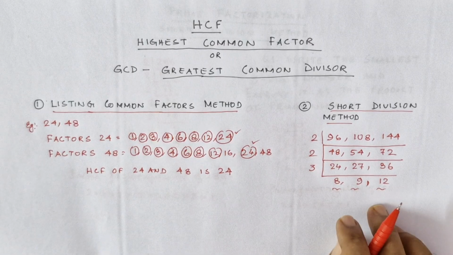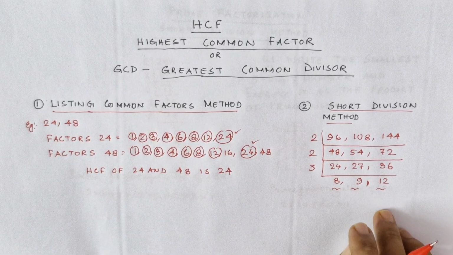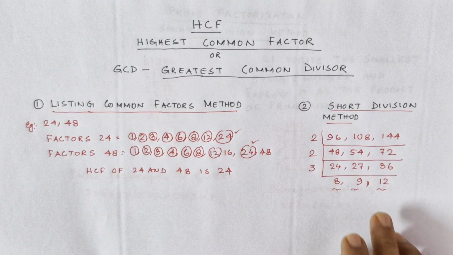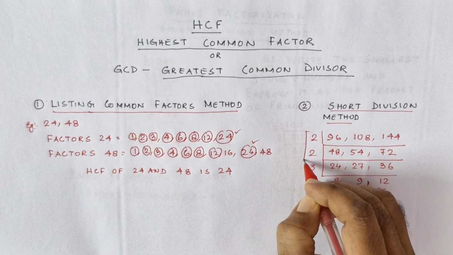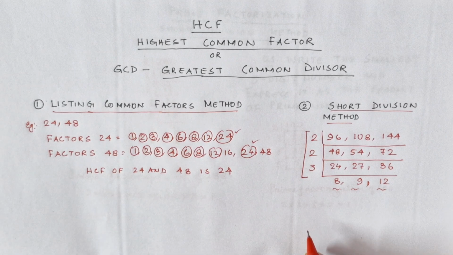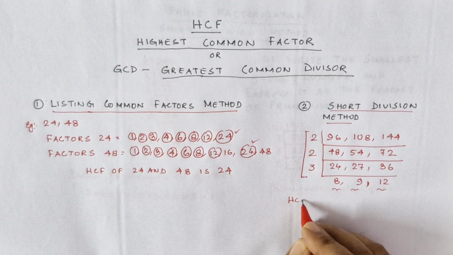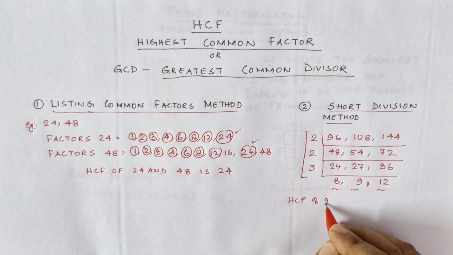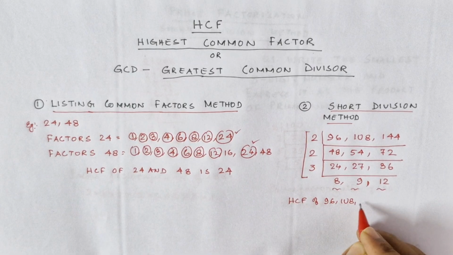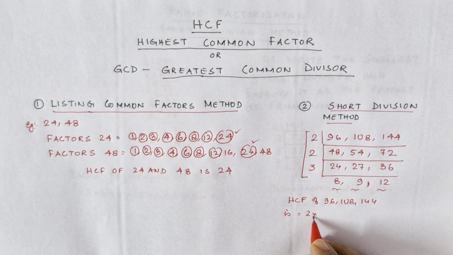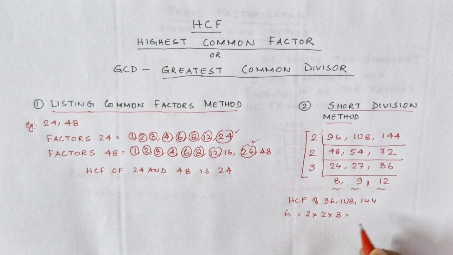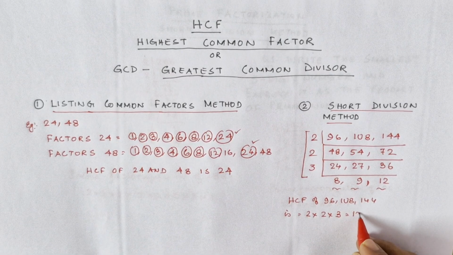So we'll stop the division here, as there are no more common factors, and we will take only these factors. So HCF of 96, 108 and 144 is 2 into 2 into 3, that is 12.